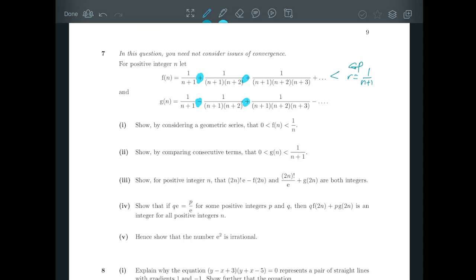By comparing consecutive terms so that g is that, or you can probably put some bound on each of these plus minus pairs, so that's reasonable, that's reasonable. So for positive integer n, that these things are both integer.